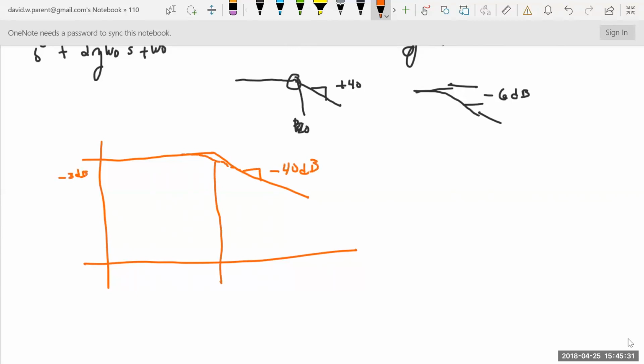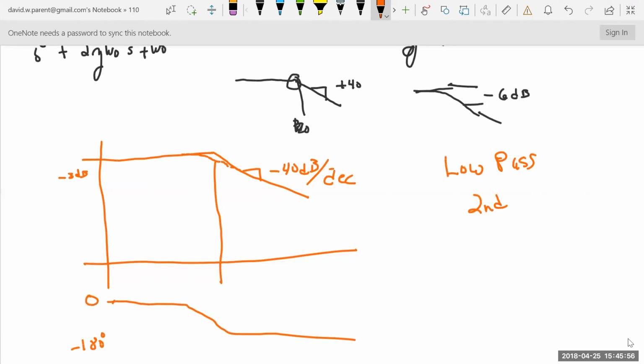So if you see this kind of plot, it's low pass. You notice that the slope is 40 dB per decade. You notice that the phase goes from 0 to minus 180. So all signs point to low pass, second order.